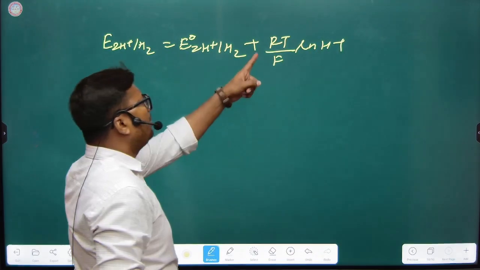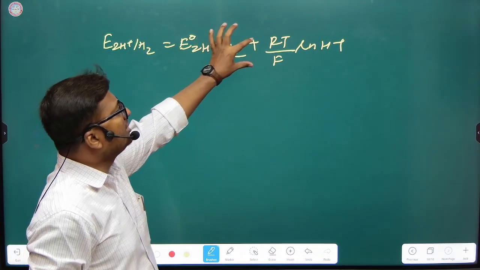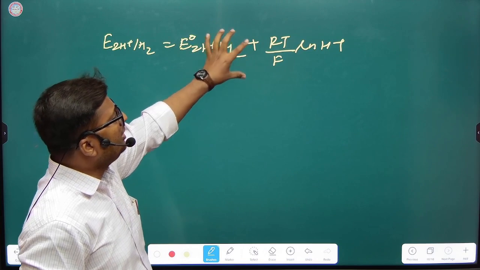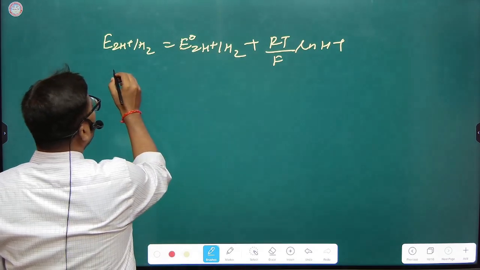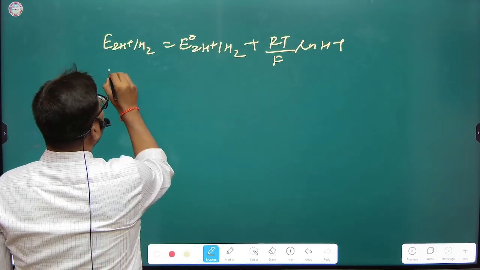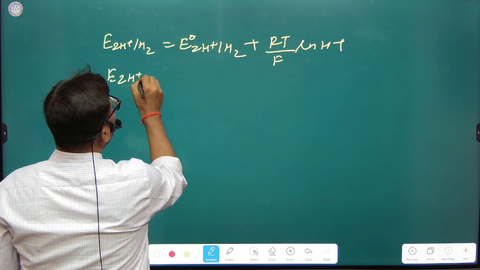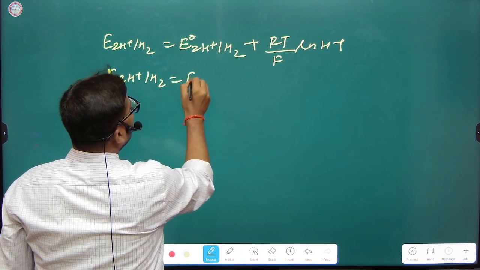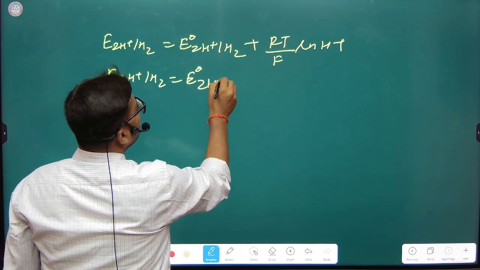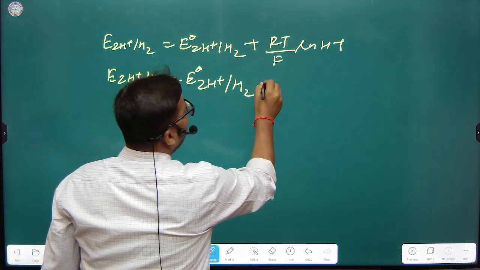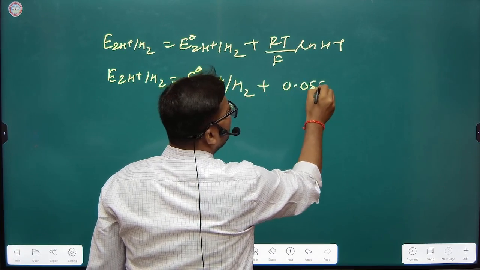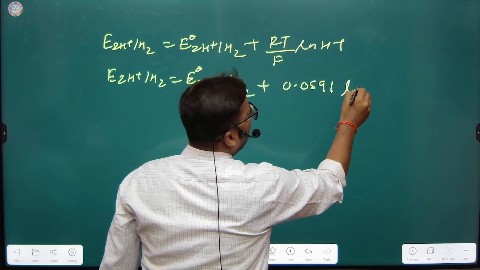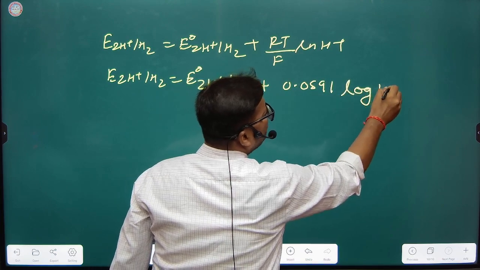So if you put the value of R and the temperature at standard state, 298 Kelvin, and F is the Faraday constant, then it will be just E 2H plus H2 equals E naught 2H plus H2 plus 0.0591 log of H plus.